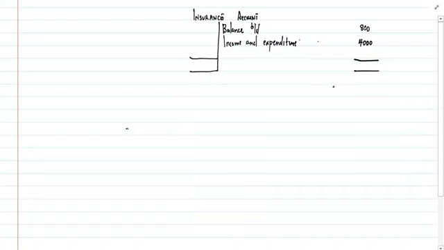We are told that at the end of the year we had an amount paid in advance for insurance. So a prepayment for insurance must have a debit balance, but its CD will be on the opposite side. So I'll come and say balance carried down. That amounts to 600. Then balance brought down 600.